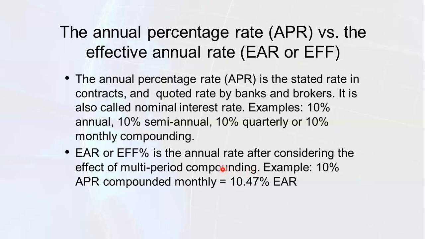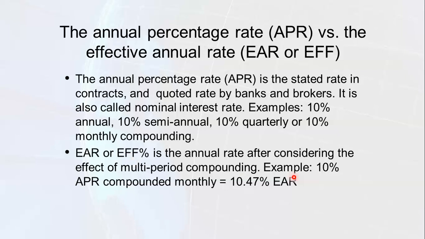So if you have more than one compounding, that means if your interest is making interest more than one time a year, then your effective annual rate and your APR, they're going to be different. Okay, for example, 10% APR compounding monthly is 10.47%. And in the next slide, I will show you this effective annual rate.